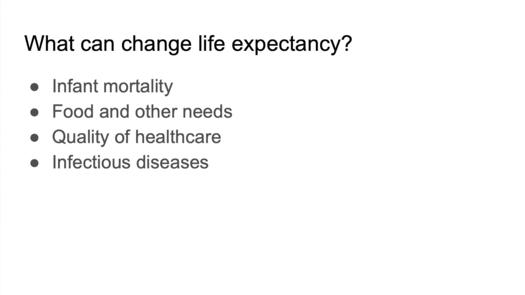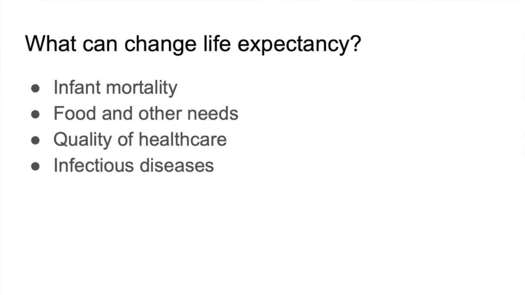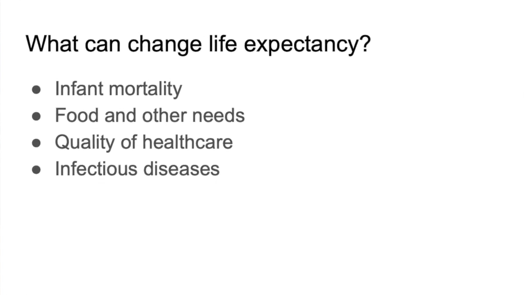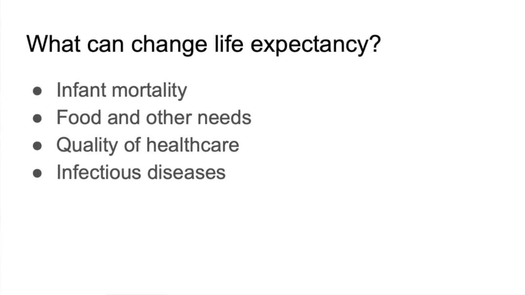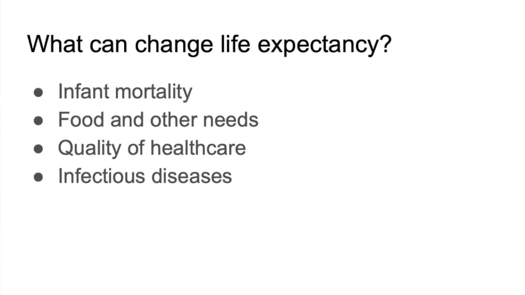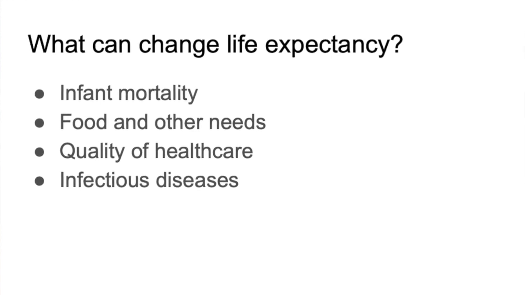Other factors also include the availability of food and other needs. With the development of agriculture and also technology, we are now capable of growing more food and providing more food for different individuals. However, because of societal differences, the distribution of food and other resources are not necessarily equal.